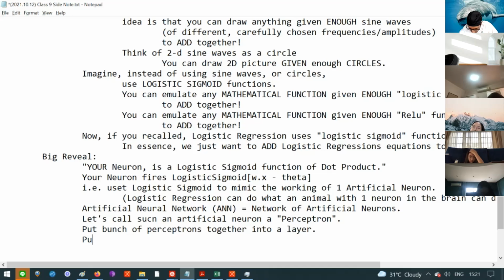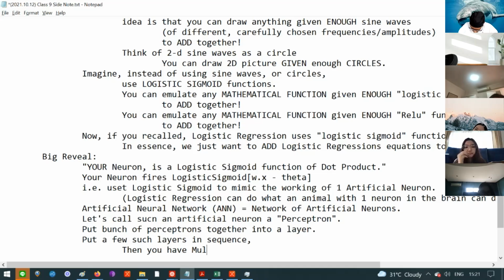Put a few such layers in sequence. Then you have a multi-layer perceptron.